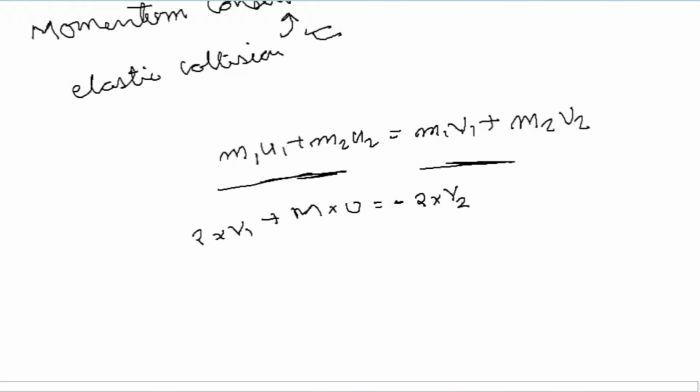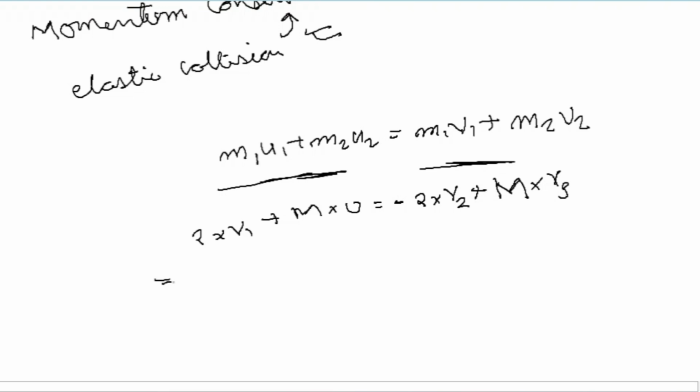Why minus 2 into V2? This is because the velocity of the block of mass 2 kg just after collision is in the downward direction, and in the downward direction we consider the velocity to be negative, plus capital M into V3, that is the block of mass capital M, and V3 is the velocity of this mass just after collision.